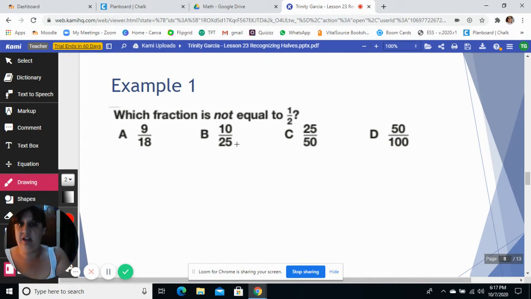It is not half of it. But in the other ones, 50 is half of 100, 25 is half of 50, and 9 is half of 18. So the only one that is not is letter B.